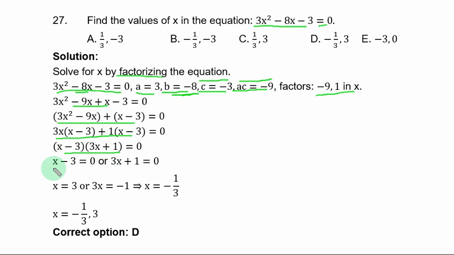If you equate each factor to 0, you have s equal to 3 or 3s equal to minus 1, which implies s is equal to minus 1 over 3. Therefore, s is equal to minus 1 over 3 or 3. The correct option is D.